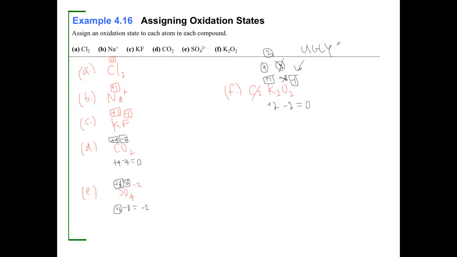Ugly. So here's one where rule priority matters. All right, that's example 4.16. I think we've got another example here.